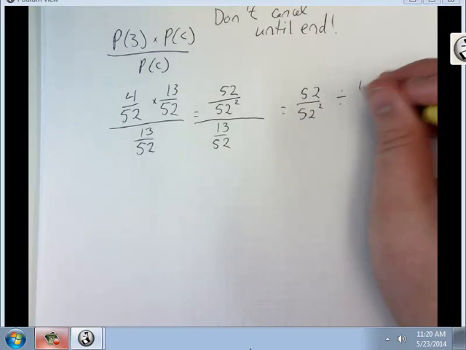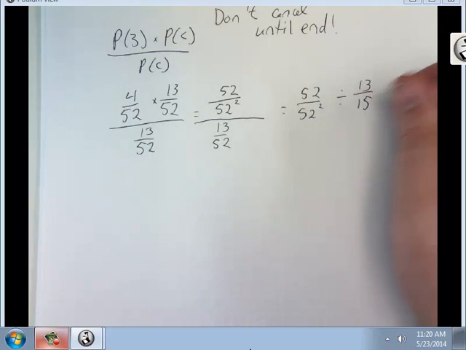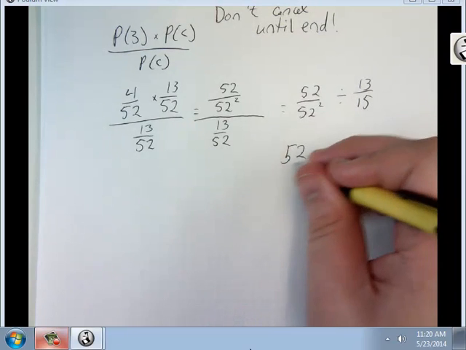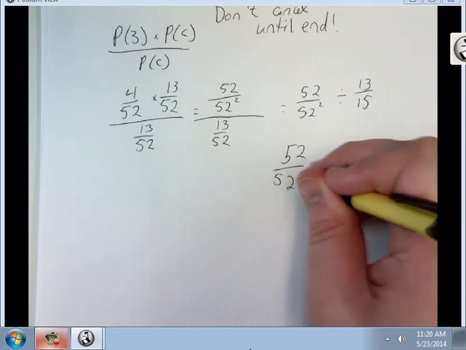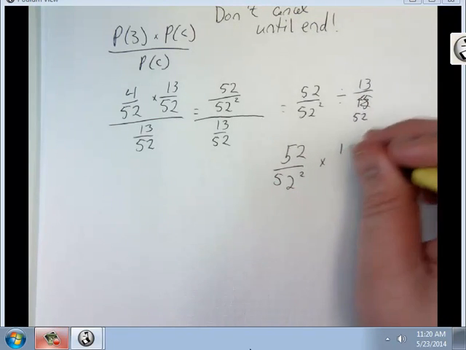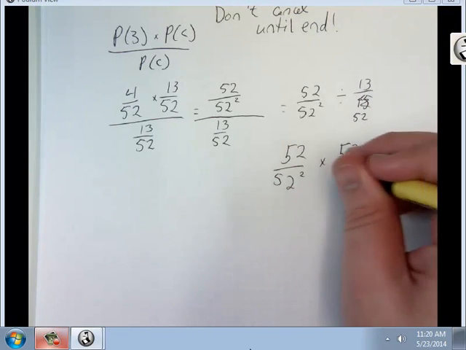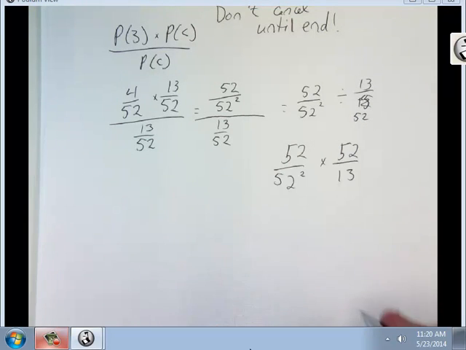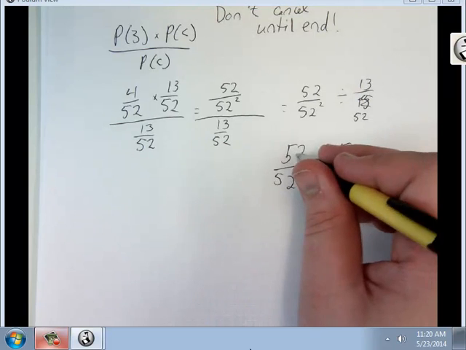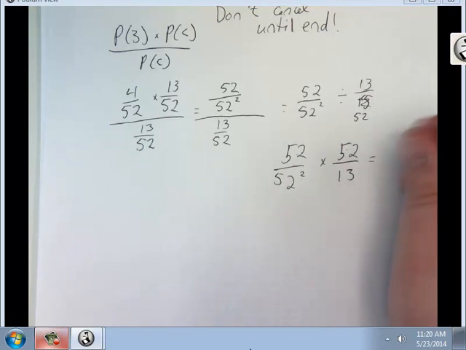So we're going to do copy, change, flip. Oops. I've got 52 squared on top and 52 squared on the bottom.